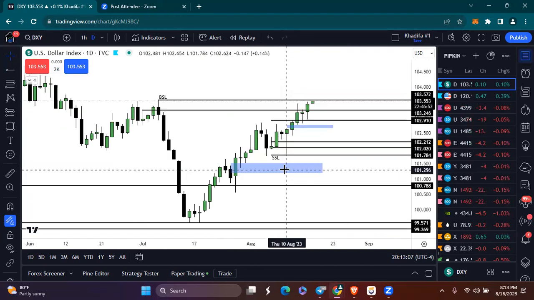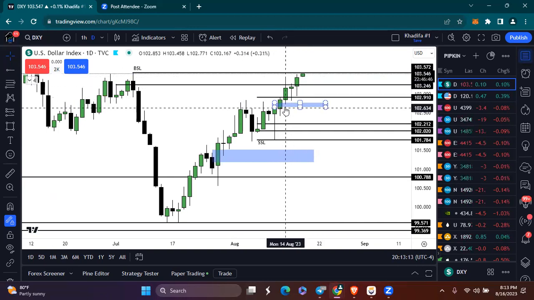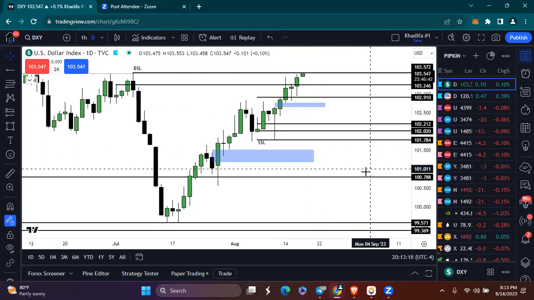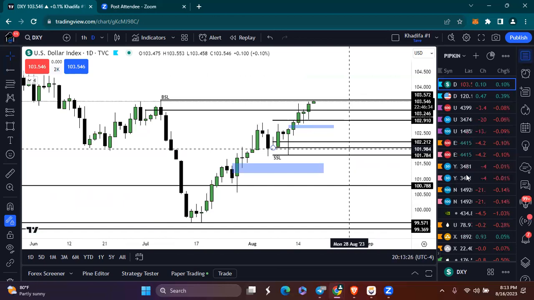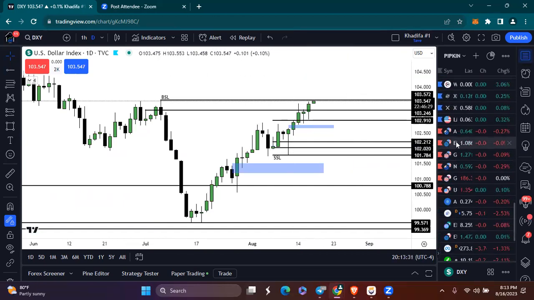So those were the levels, and this is what the market has given us from Monday to today. So we're up above there and we're about to run into 103.572. Cool beans.